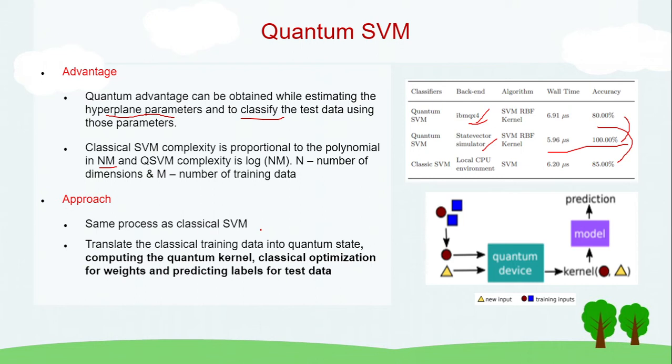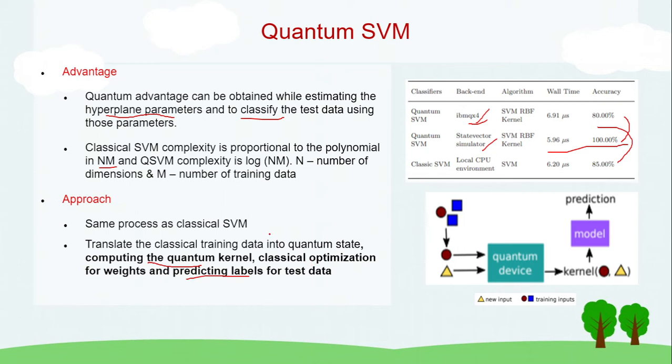Otherwise the steps involved are the same. And importantly, in this case we will be using the quantum computer for two purposes: one for computing the quantum kernel, and another time to predict. But the classical constraint optimization we will be doing in the classical way only. There you don't get a benefit.